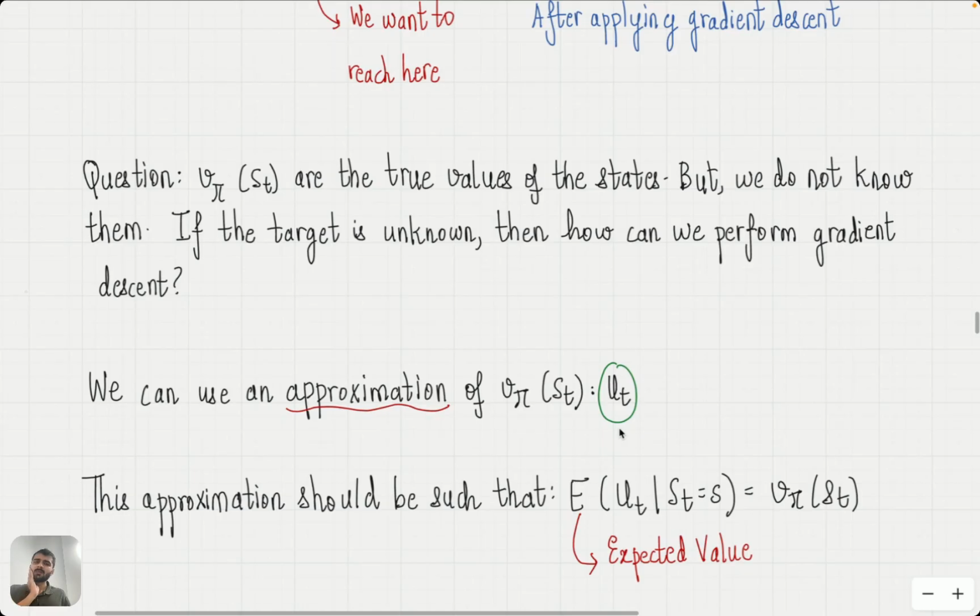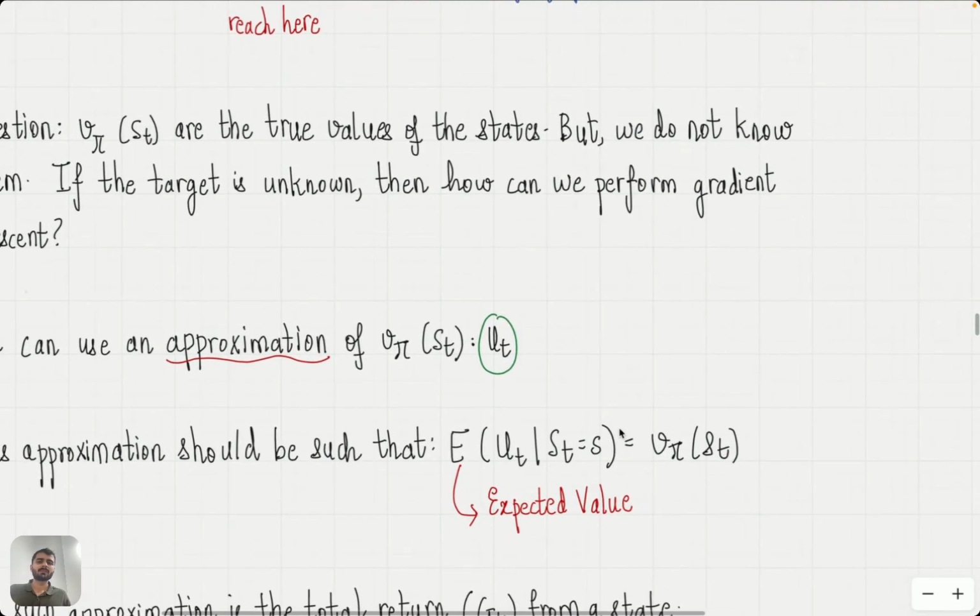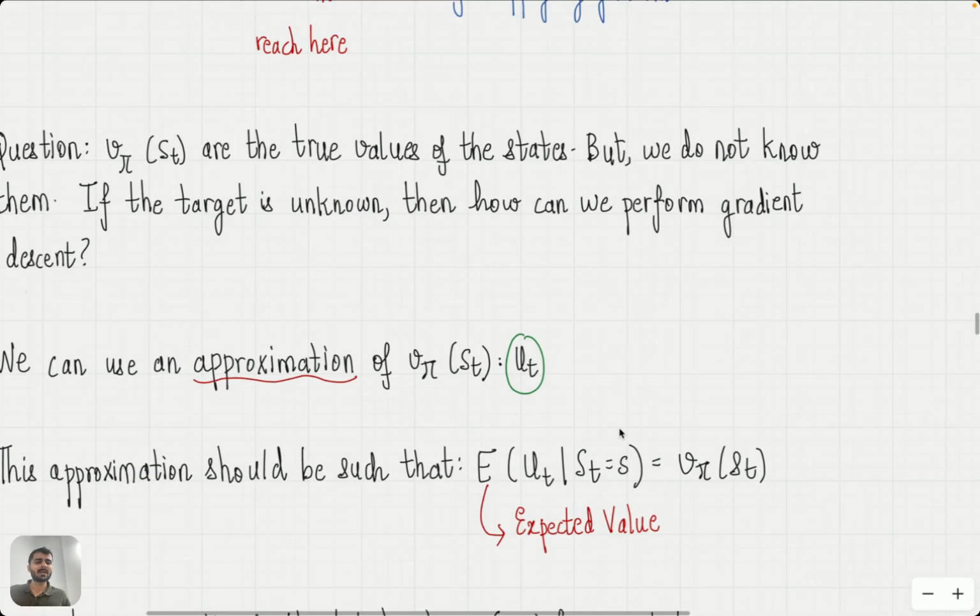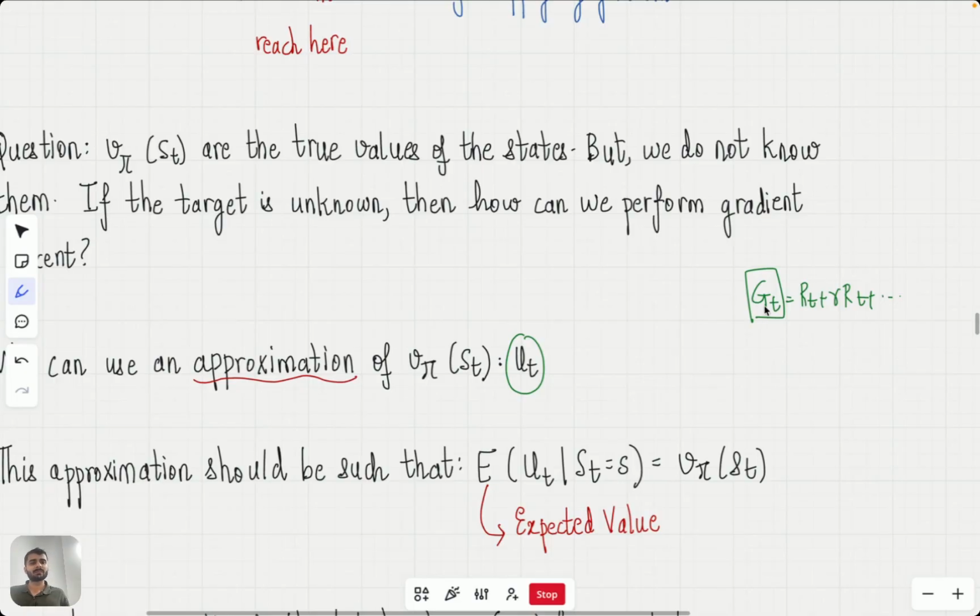Now, this might take you back to Monte Carlo. In Monte Carlo, remember what we did was, after the agent moved to any state, we calculated G_t, which is the sum of rewards from that state. And if you add up all G_t's and average them, then you will get the true value function for a state.